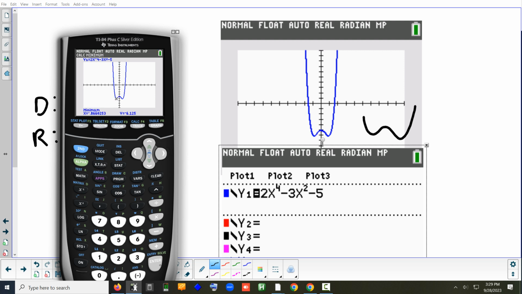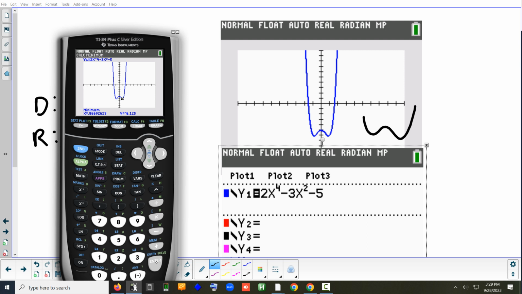So one minimum is at negative 6.125. And then second calc, minimum. Go left, right, and enter. And the other one is at negative 6.125. So they are the same value.